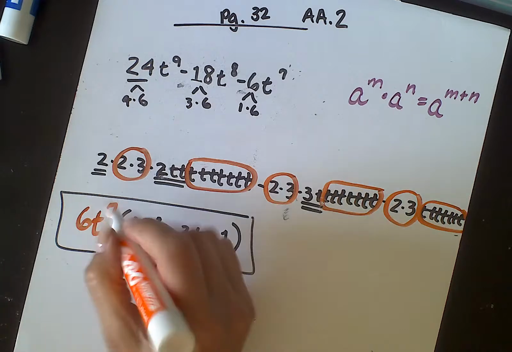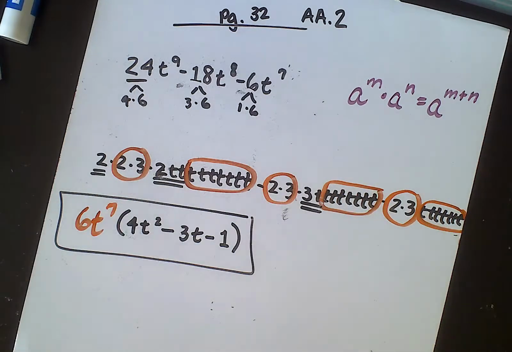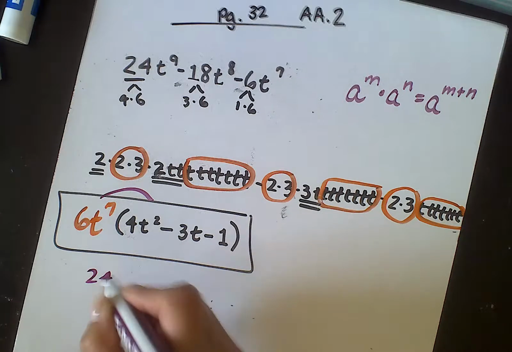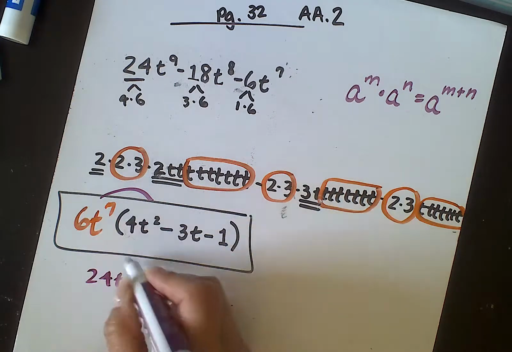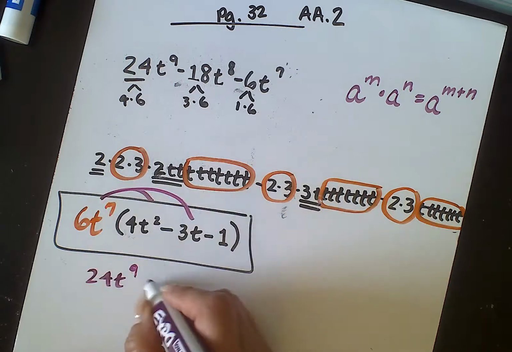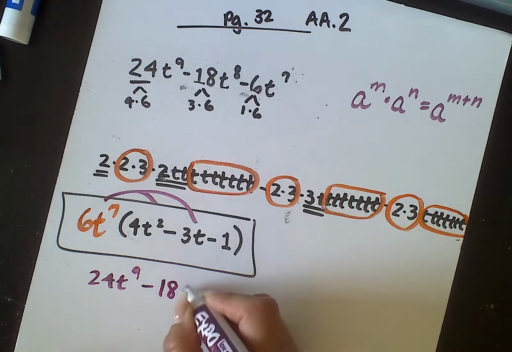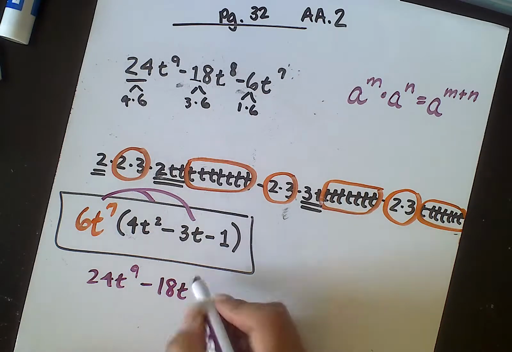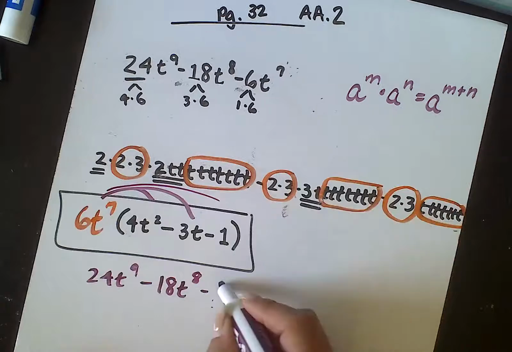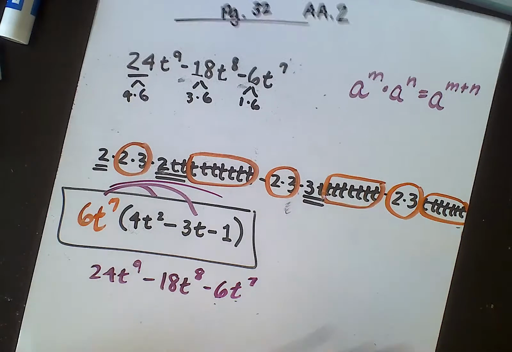So double checking my answer, because I just made a mistake here. That's 24 t to the 7, 8, 9. Then that here is minus 18 t to the 8th power. And then minus 6t to the 7th power.